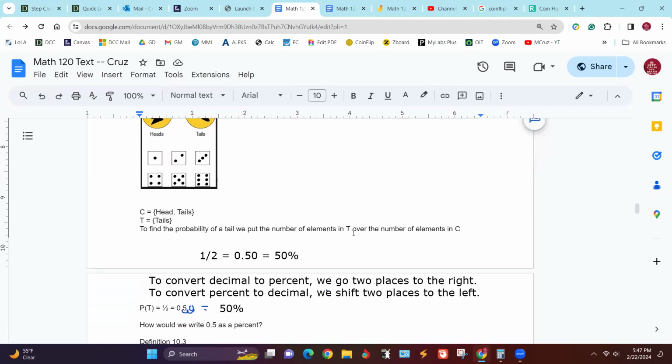Okay. So ALEKS uses that term a lot. So that just means all possible outcomes. So this right here is the sample space for a coin flip. And then this right here is the event for a tail. And like I said, it almost seems kind of trivial. I know there's some questions in ALEKS.